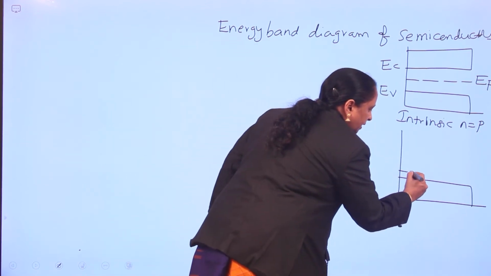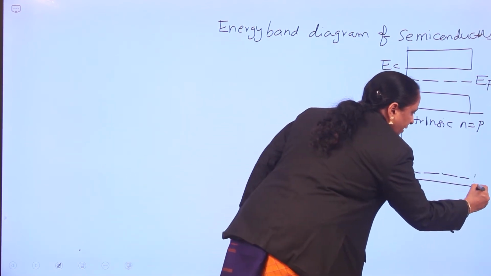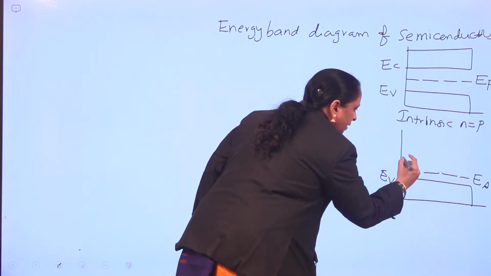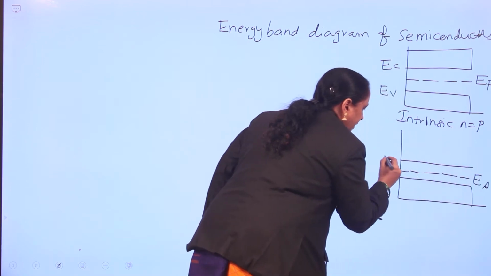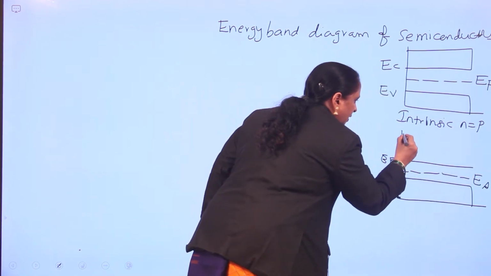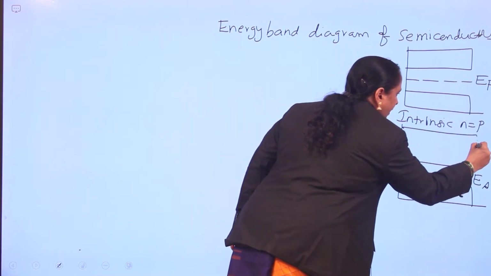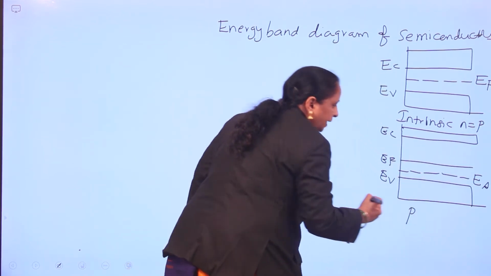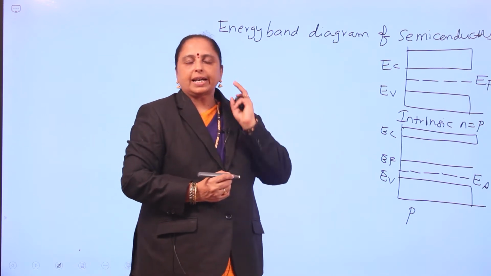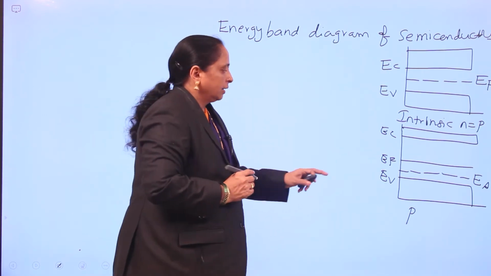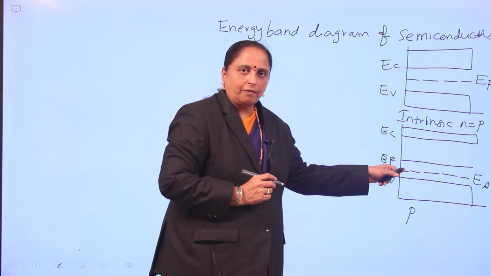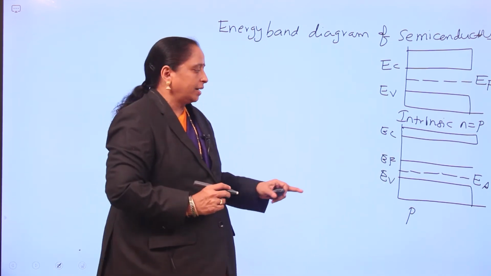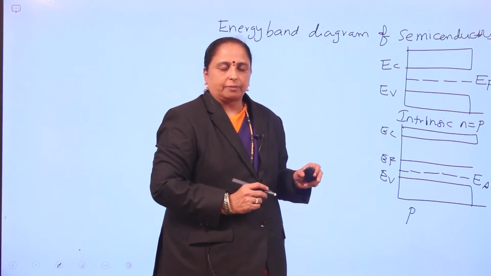This is the acceptor energy level, then the valence band. Above that there is the Fermi level. Finally, there is a conduction band also. So this is for the P-type semiconductor. In a P-type semiconductor, the Fermi level is above the valence band because there are more positive charge carriers within the P material.